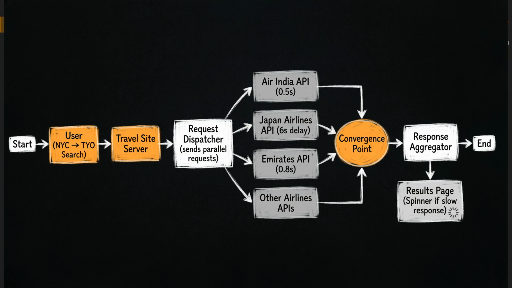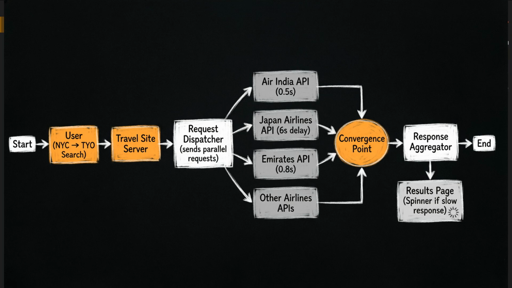But then Japan Airlines is acting up. Maybe it's getting too much traffic, maybe their database is slow, whatever the reason. Their response takes 6 seconds. Meanwhile, Air India replied in 0.5 seconds, Emirates in 0.8.